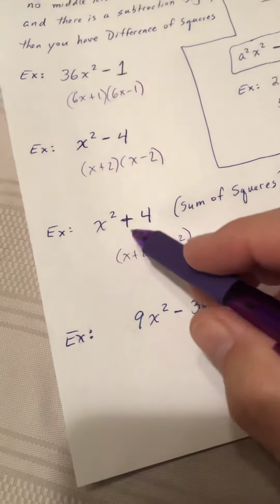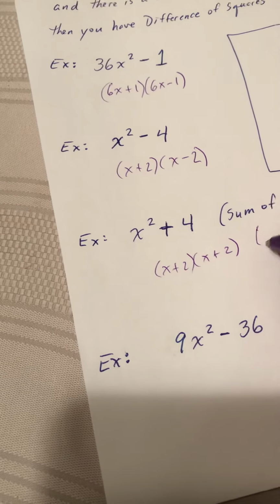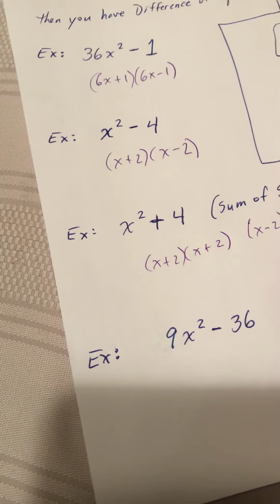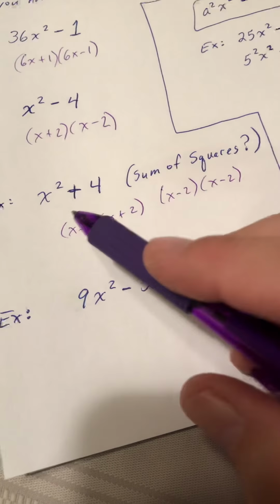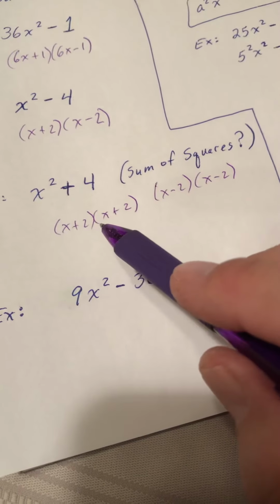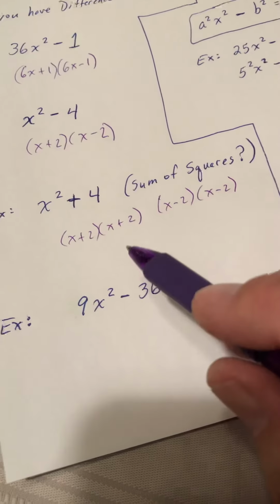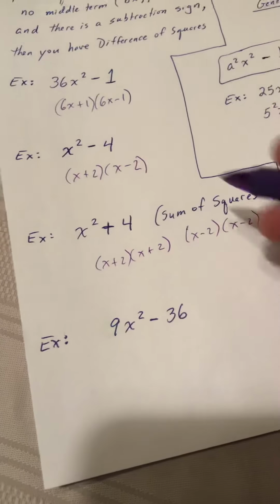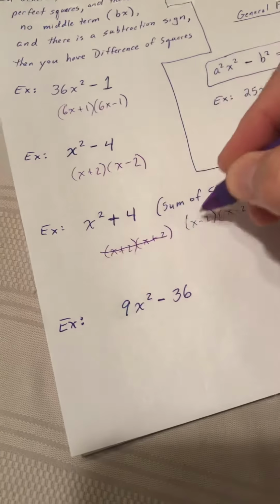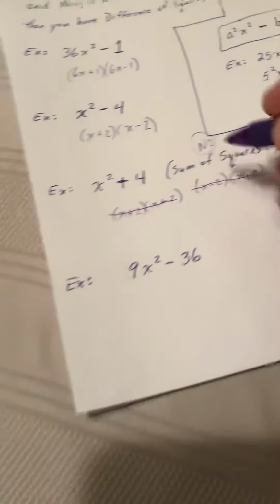A middle term will be the bx number. If you write x minus 2, it will still produce a middle term. It will produce negative 4x in the middle. This produces 4x in the middle. These don't work. And you can't have a plus 2 and a minus 2, because it won't multiply to positive 4. So there is no sum of squares.